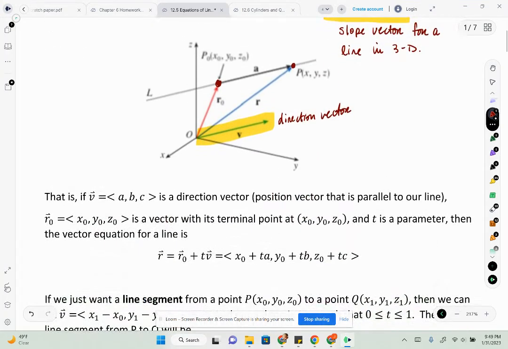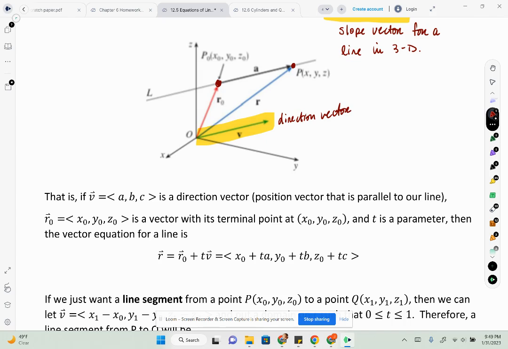Okay, so, in this little blurb here, we're saying if your direction vector, V, has components A, B, and C, and you have an initial point R naught, and you've got some X naught, Y naught, Z naught values. They're actually numbers, okay? We're just using X naught, Y naught, Z naught to be arbitrary and get us a general equation for a line.